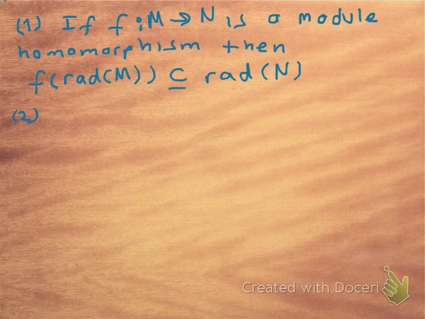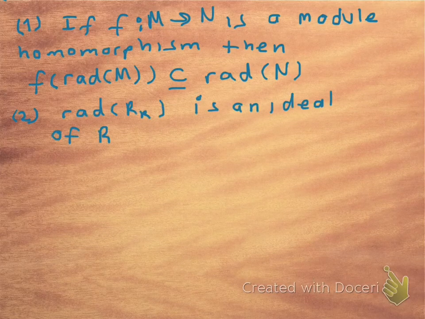I think it's actually a corollary of the corollary. It says that the radical of any ring considered as a module over itself is an ideal, a two-sided ideal of R. Now this may be interesting, and this is very useful. So let's prove these things.